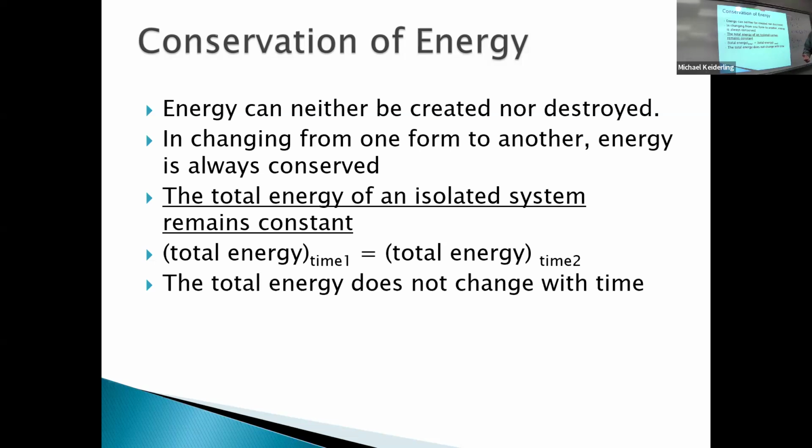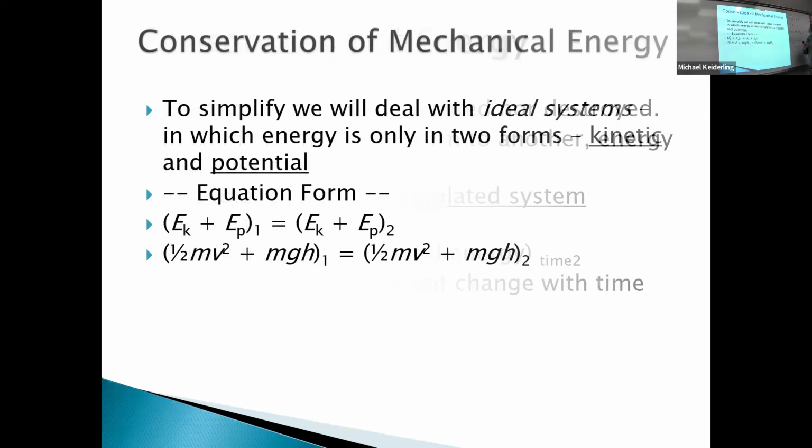But there's air resistance and stuff, and energy is lost to heat. But in ideal circumstances, you'll just have potential and kinetic energy, and you'll be able to work out things based on conservation of energy. So we'll deal with ideal systems where energy is only in kinetic and potential. This basically never happens in real life.